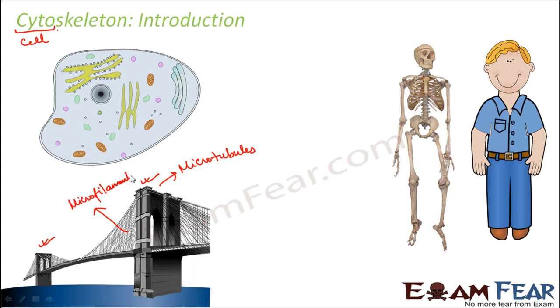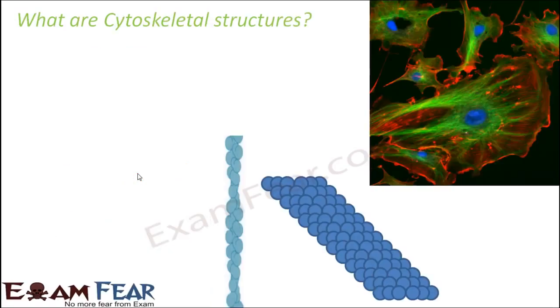So microtubules and microfilaments together form the cytoskeleton structure of a cell. Now we are going to talk about these cytoskeletal structures in detail. We'll look at the structure of a microtubule, and we'll look at the structure of a microfilament.